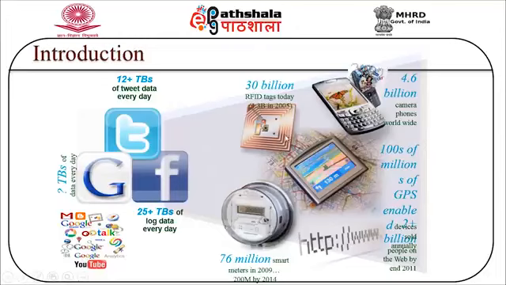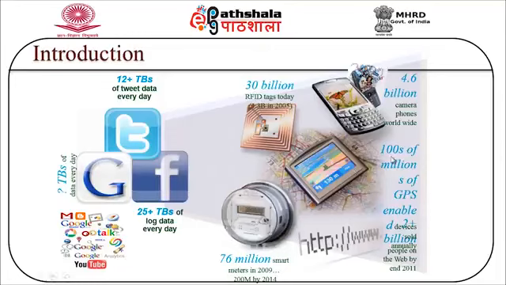Similar to this, we also have a huge amount of data. Say 30 billion RFID tags are available today, from which we receive a lot of data, and about 4.6 billion camera phones are available worldwide, and hundreds of millions of GPS enabled devices, from which annually people populate a huge amount of data onto the web, and about 76 million smart meters are also available.